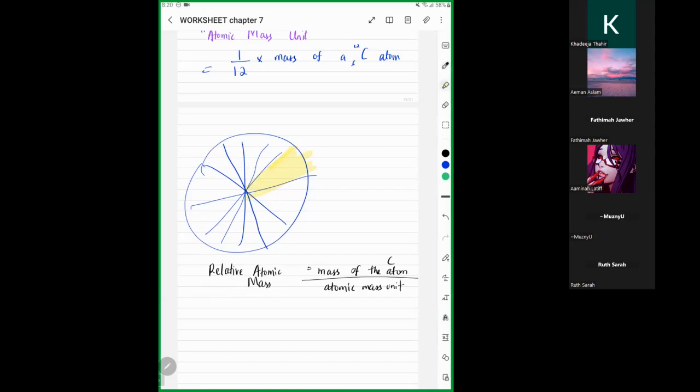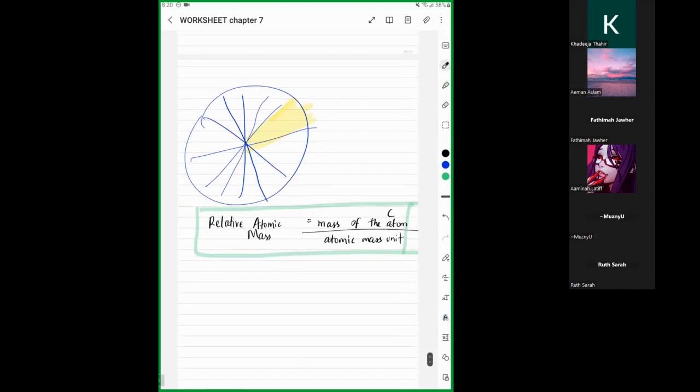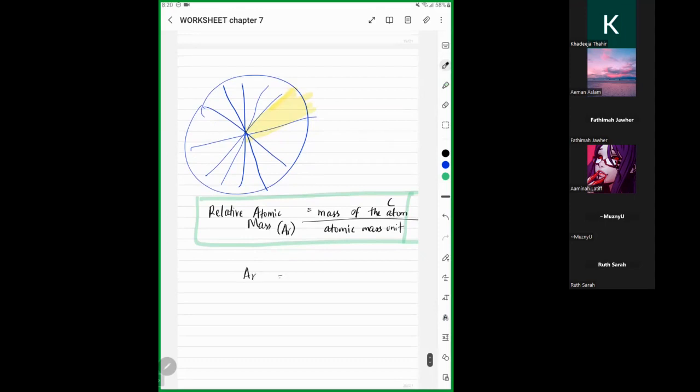So this is your equation. You will always take the real mass of that atom, which is obviously a very small value, and you divide it by the atomic mass unit. The same equation, I can also write it as the mass of the particular atom that you're talking about, divided by 1/12 into mass of carbon atom.